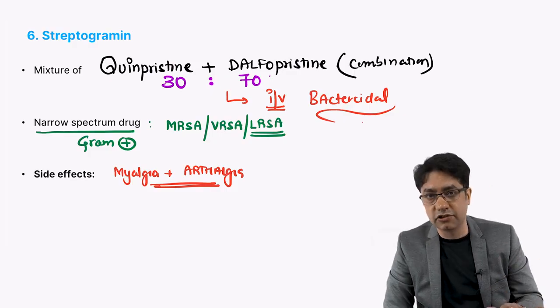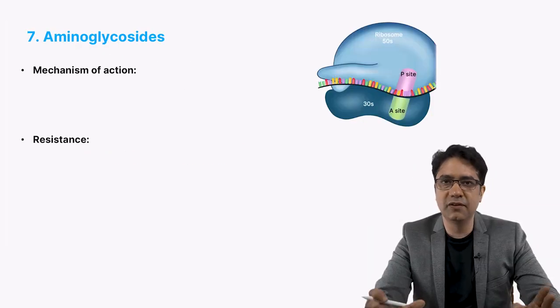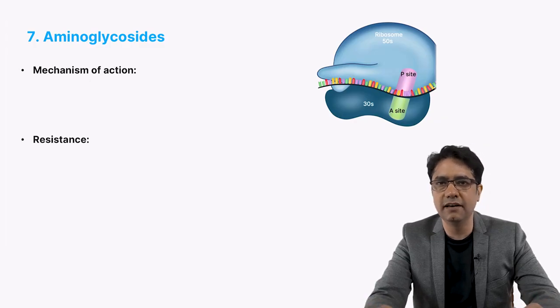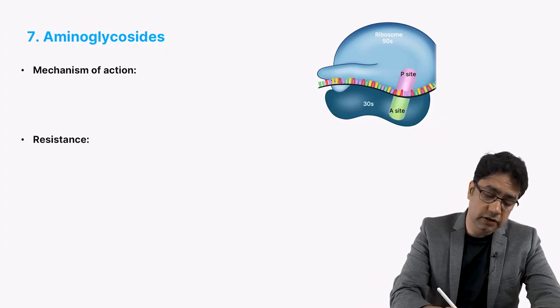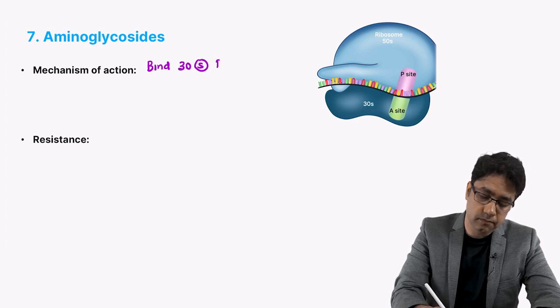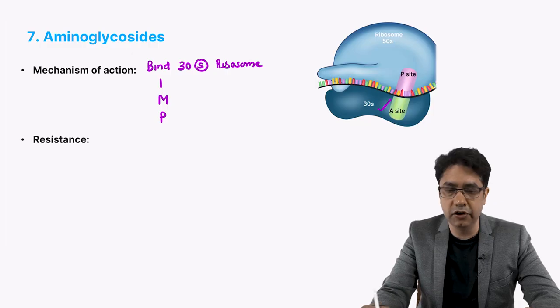So this is streptogramin. Now let's talk about the last group of drugs in protein synthesis inhibitors, very important, aminoglycosides. So recall what the mechanism of action of aminoglycoside was. They bind to the 30S subunit of the ribosome. And they have multiple actions, three important actions.